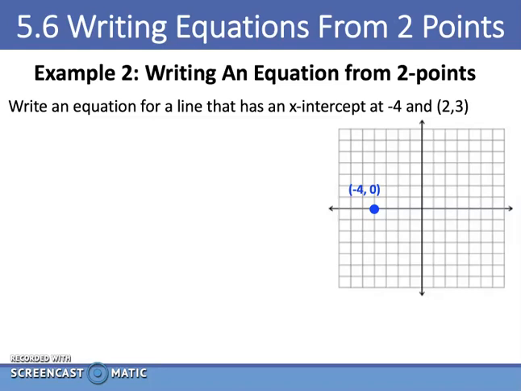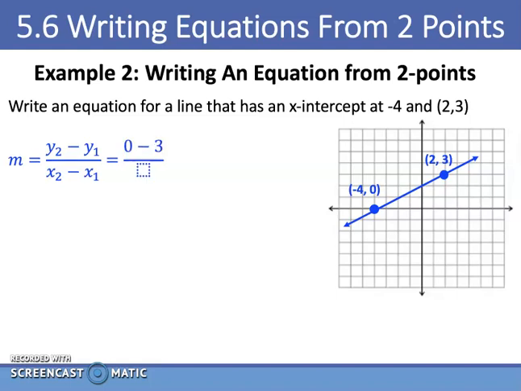Now we can grab our other point, 2, 3, and that's also on our graph. And we can see what our line looks like. If we choose to graph it, we might not always have this possibility. They may have just given us this information. We might not have a graph to work with. If we don't have a graph to work with, then we have to calculate our slope, again using our slope formula.